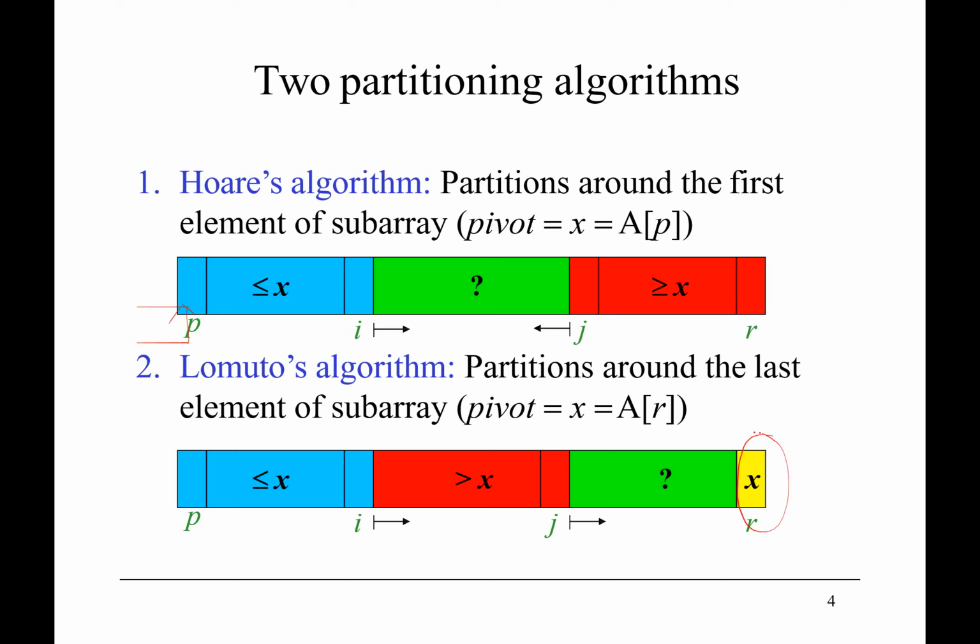We use the last element as the pivot and separate the whole sequence into two parts. Although the algorithms use different elements as the pivot, the idea is the same: use the pivot to separate two regions, and in each iteration x is placed in the correct location.